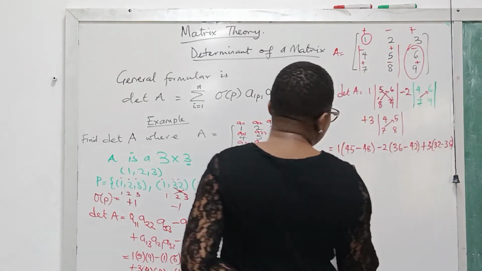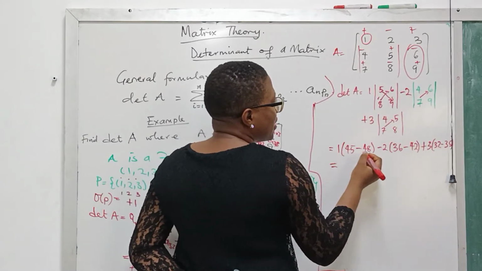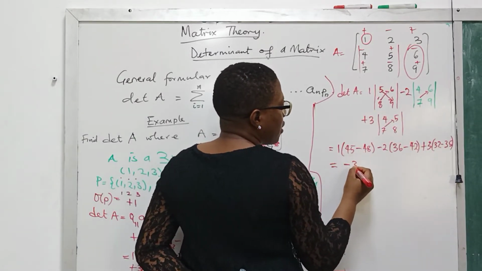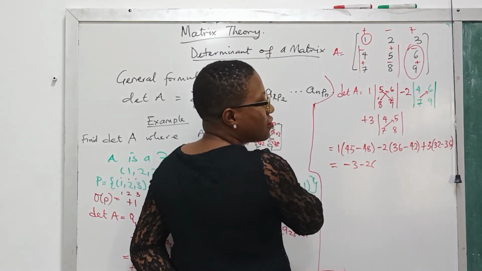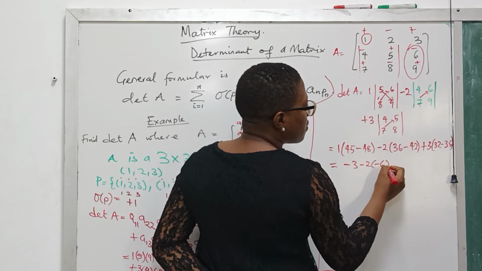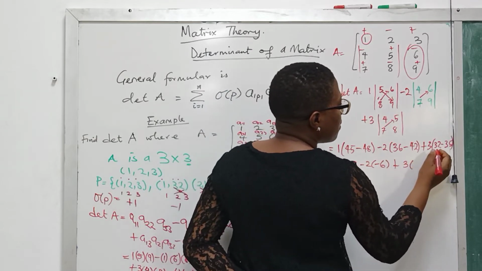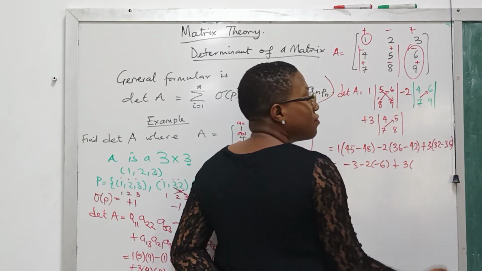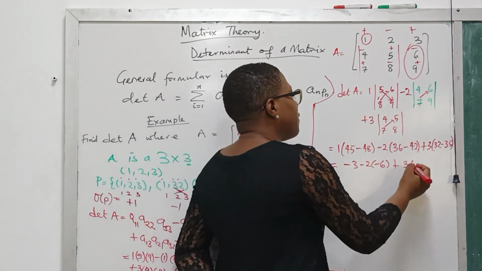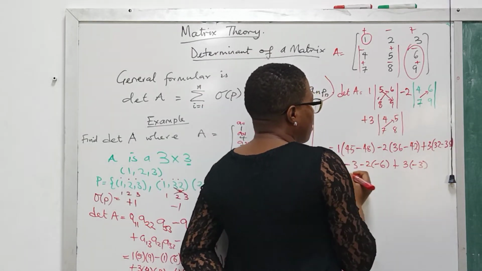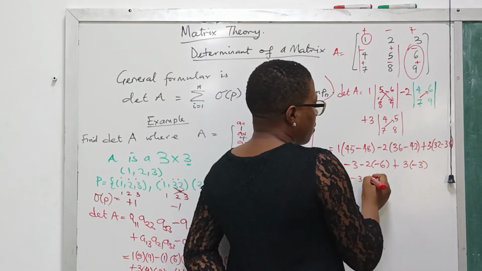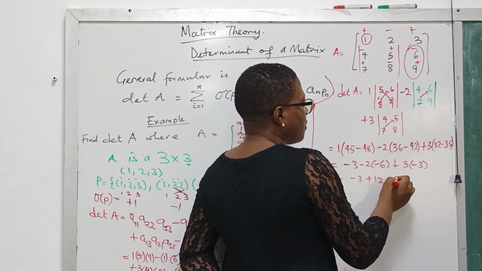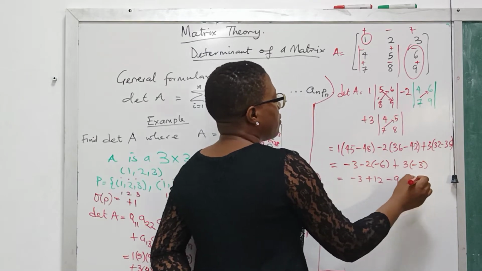So this is equal to 1 times this minus 3. This minus this is 6, right? Minus 6 plus 3 times 32 minus 35. 32 minus 35 is minus 3. So this will give me minus 3, 12 plus 12 minus 9 equals 0.